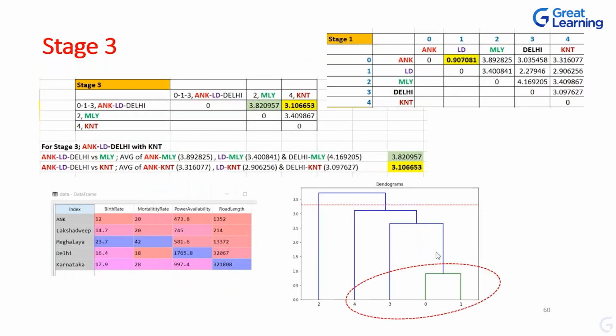So once this Delhi is added at stage 3, 4 is added. And what is that for? Karnataka. So here are the calculations. Now Andaman and Nicobar, Lakshadweep and Delhi are one cluster.